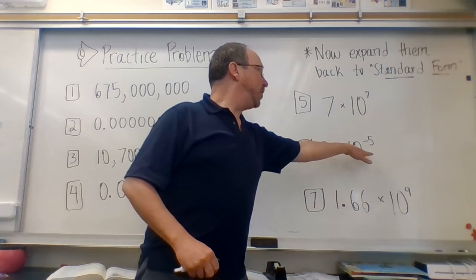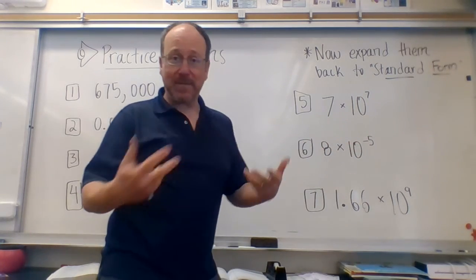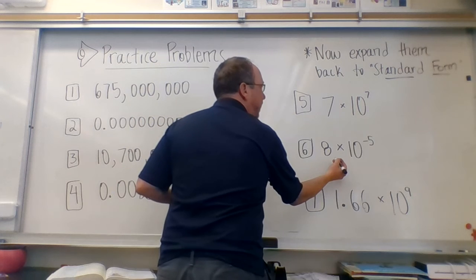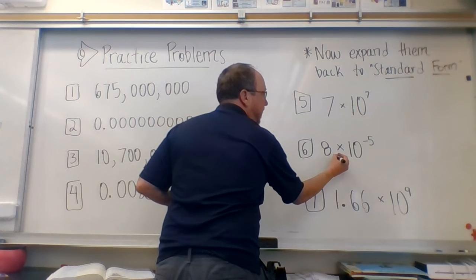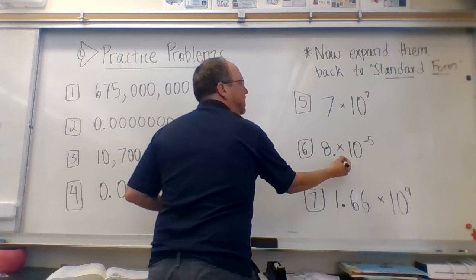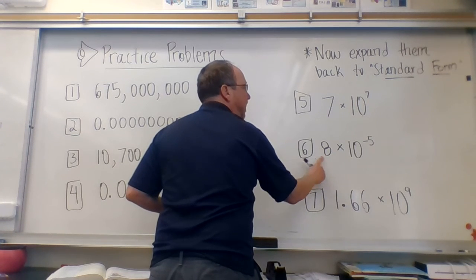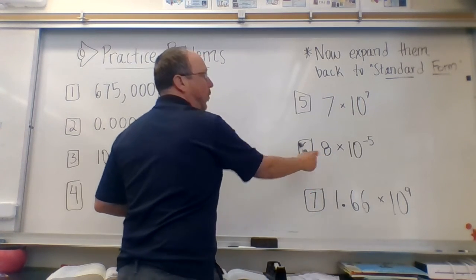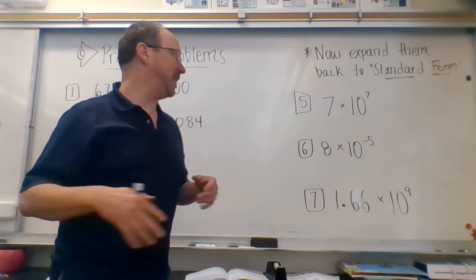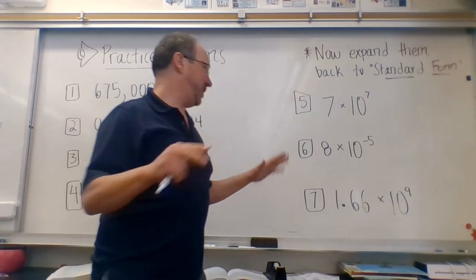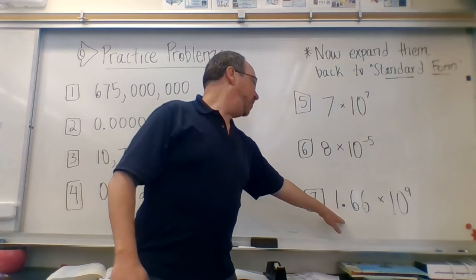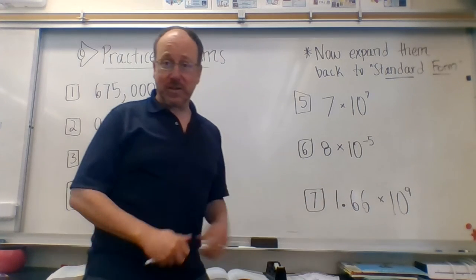Here, you've got 8 times 10 to the power of negative 5. That's going to be a small number. And here you have to remember your decimal point is to the right of the 8. So you're moving over 5 spots, 1, 2, 3, 4, 5. But it's going to look like 4 zeros in front of the 8, right? I think you're going to check it. And here you've got 1 and 66 hundredths.